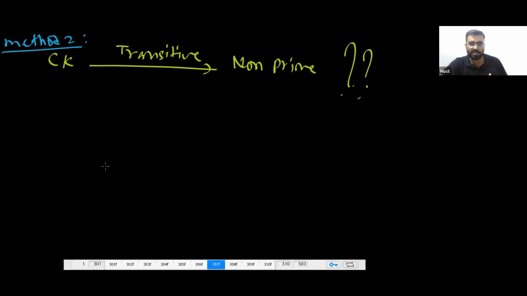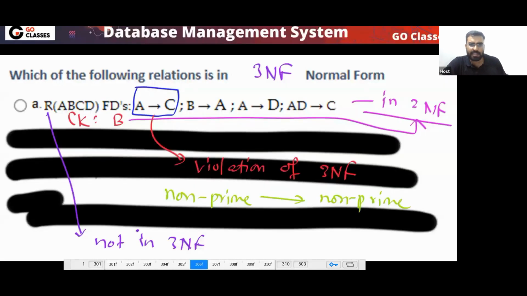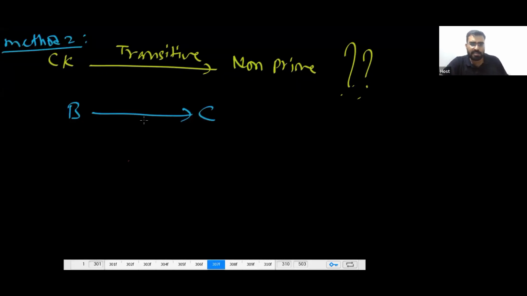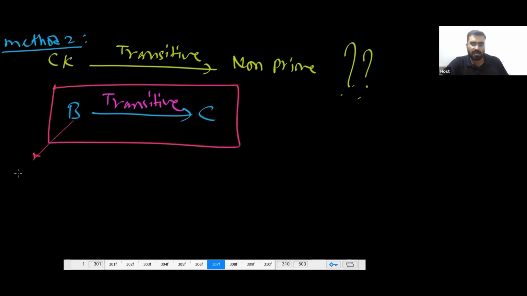Can you give me this type of transitive dependency? Yes. So basically B determining C, that is transitive. Agree or not? B determines C, that is transitive. This is a candidate key. This is non-prime. So this is not 3NF.